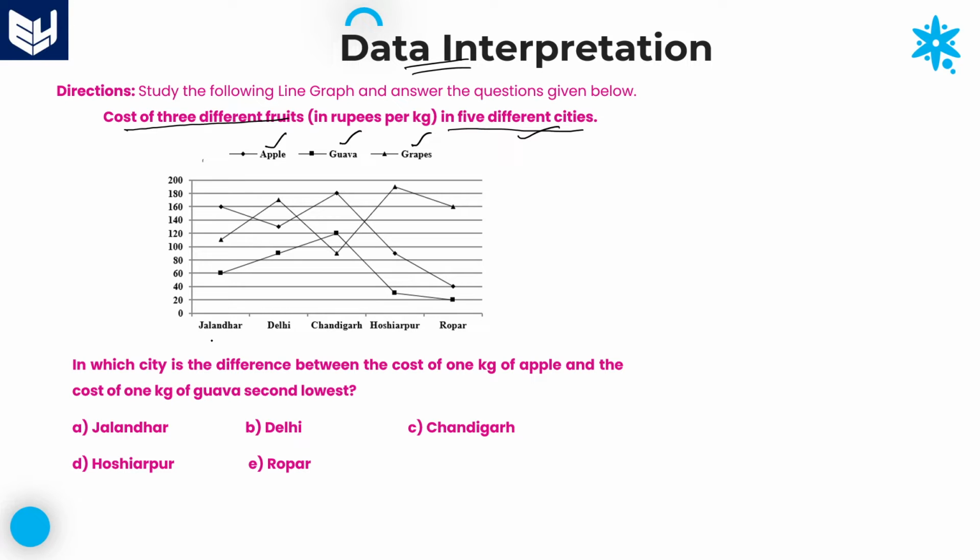The five different cities are Jalandhar, Delhi, Chandigarh, Hoshiarpur and Ropar.